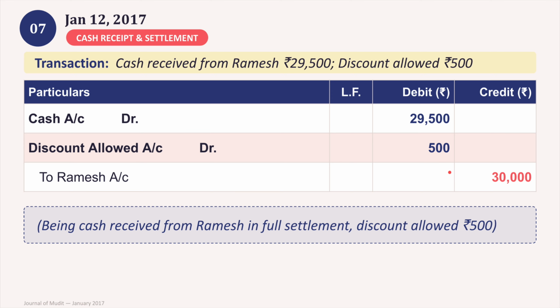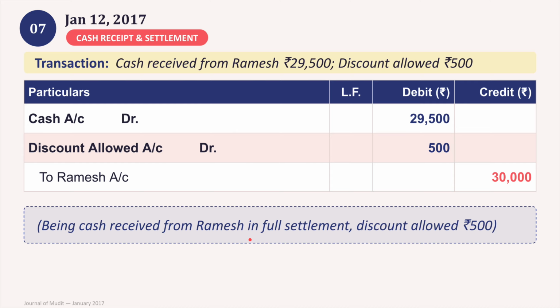Okay, and you can say debit the receiver, credit the giver. You can use these rules also. But the concept is this: a decrease in current asset has to be credited because Ramesh was our debtor, right? Now here what will be the narration?